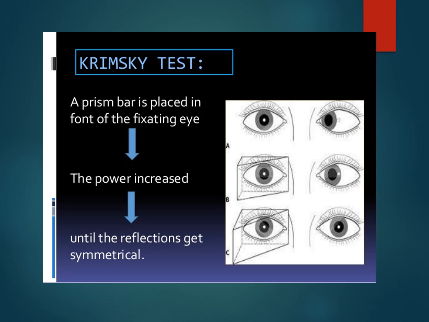A prism bar is placed in front of the fixating eye and its power is increased until the corneal light reflexes become symmetrical, and the angle of deviation is calculated by the power of prism used.